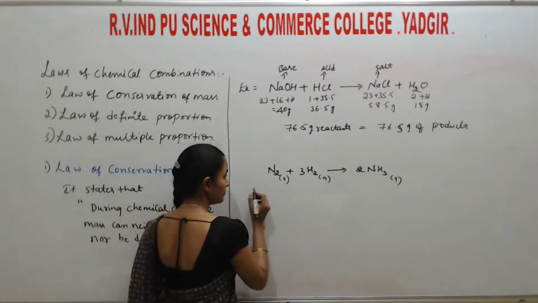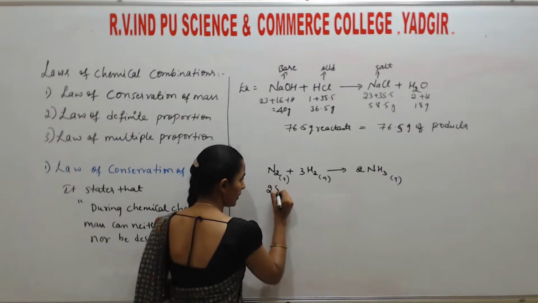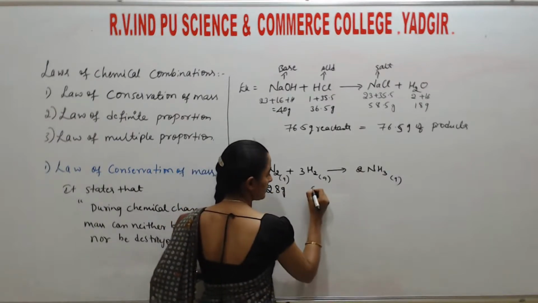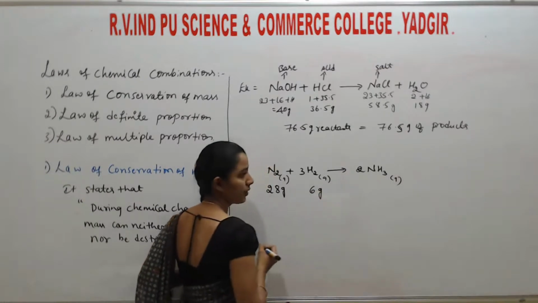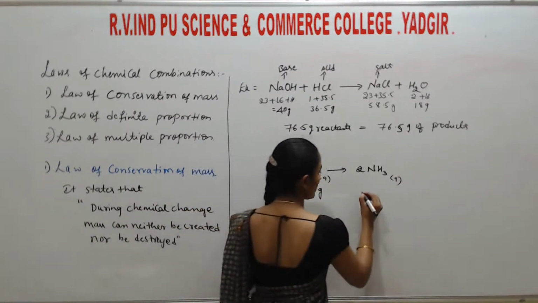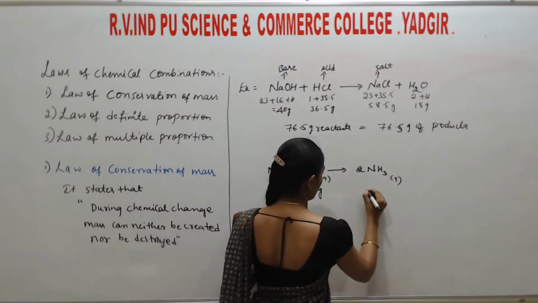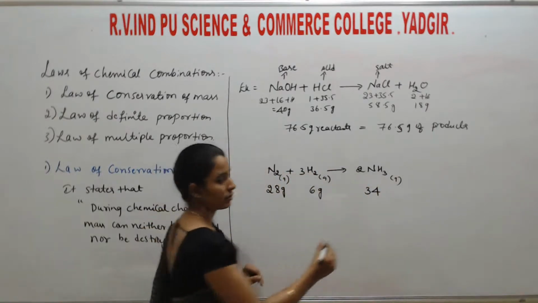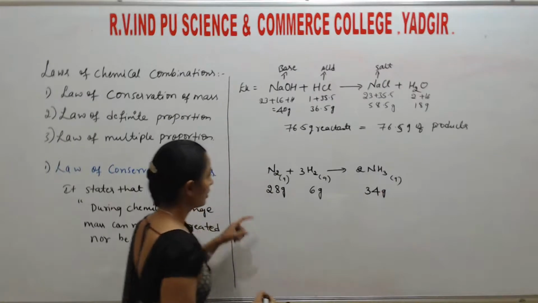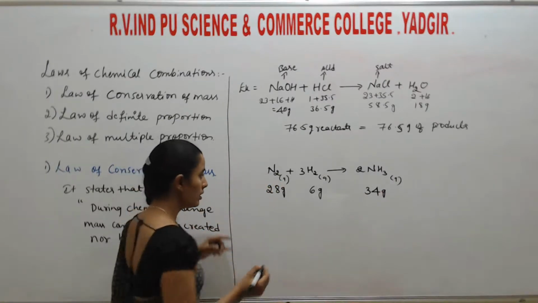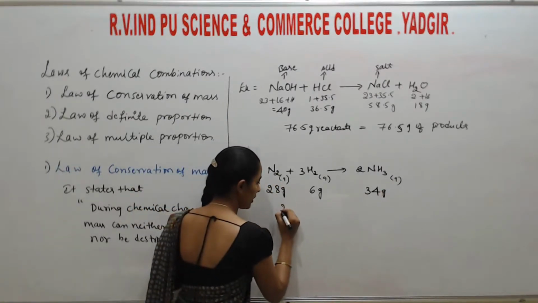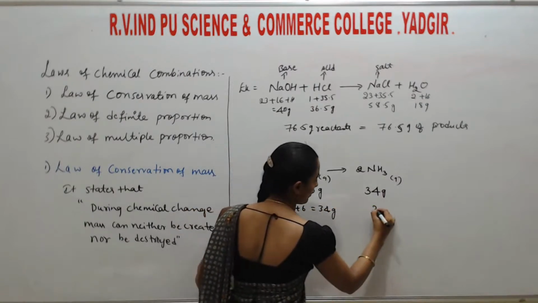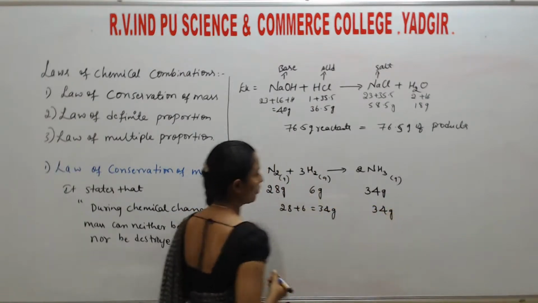So here 28 gram of nitrogen reacts with 6 gram of hydrogen to give 34 gram of NH3. If you add 28 plus 6, you get 34 gram. In the product also 34 gram.